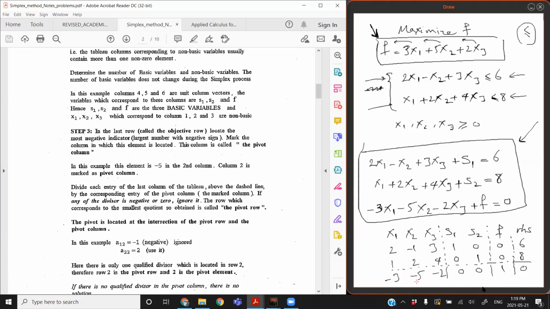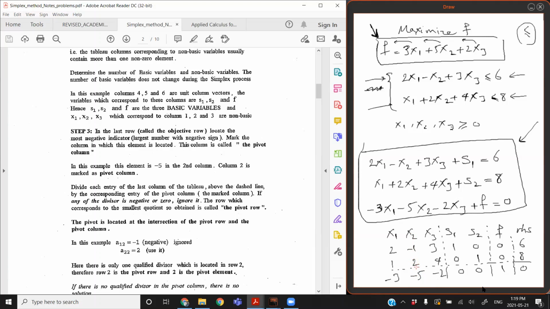We will be done when all these numbers here are positive or 0. Now we have 3 negative numbers, and among those 3 negative numbers, we find the smallest one. In this case, -5. So our pivot position would be in this column, the second column. Among these two positions that can be pivot positions, and we should turn them to 1, we just look at the ones that are positive.